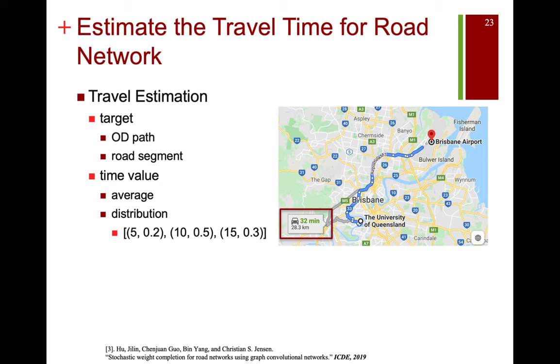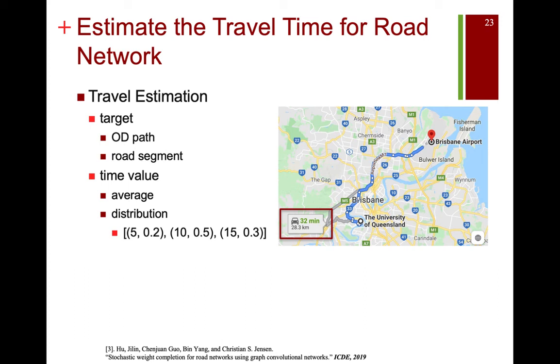A very naive way to deal with this problem is to calculate the distance and then divide it by the speed. The speed can be based on the average speed of the specific user, or some commonly used speed value.